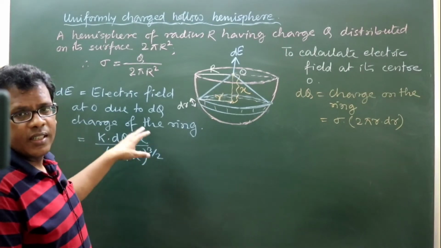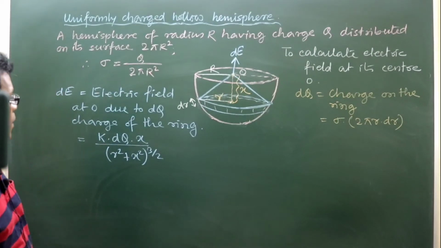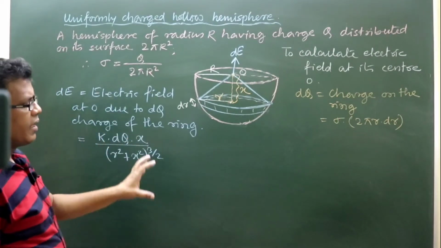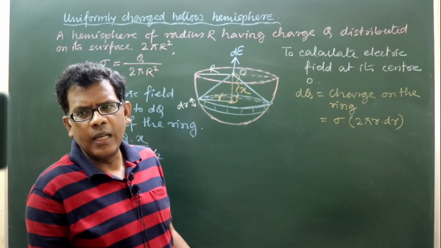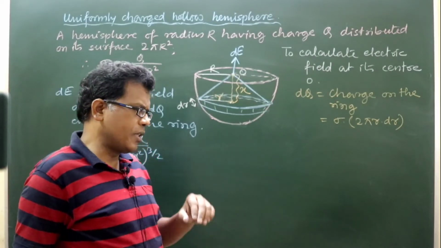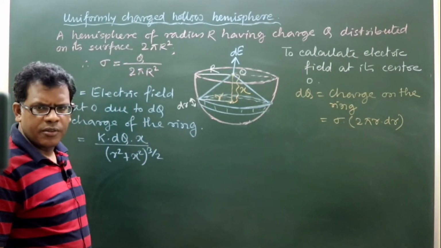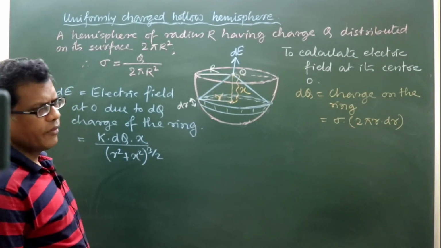Can it be written this way? The same dE expression we had written for the elementary charge of a ring when deriving the expression for the disk as well. But here the approach will be a little bit different.